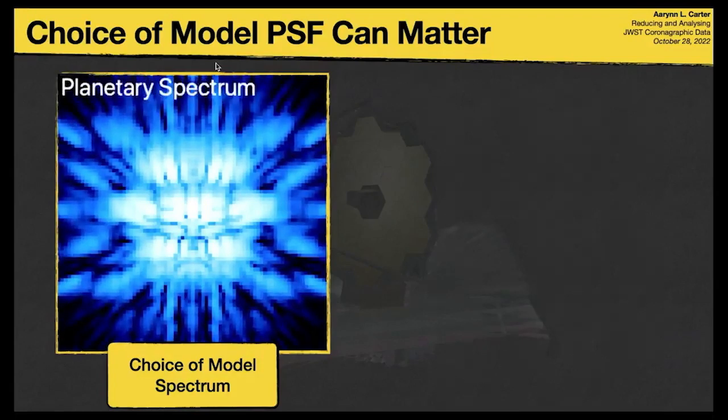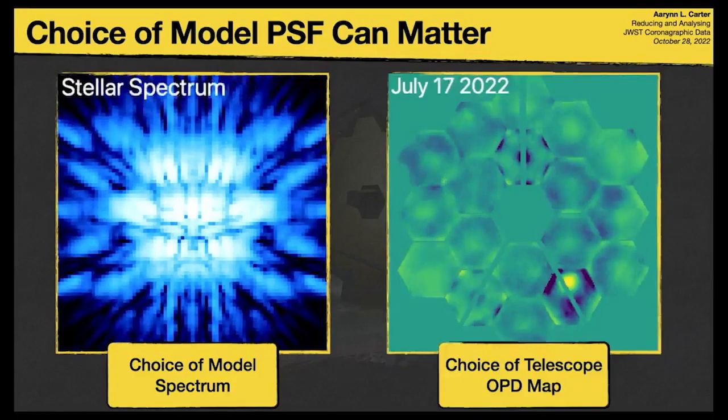And then secondly, we generate this model using a particular realization of what the telescope looks like. So here you can see this is a telescope optical path difference map from the wavefront sensing observations, and you can see slight changes in the wavefront on the telescope itself as a function of time, and sometimes they're more significant, sometimes they're not very significant.